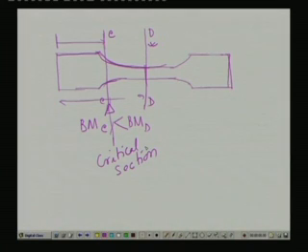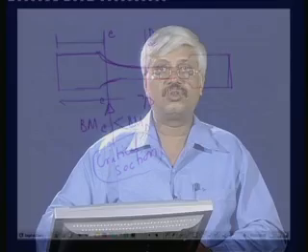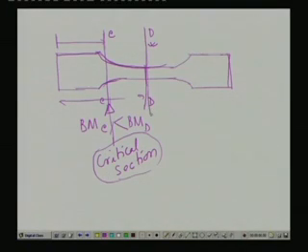Let us consider this to be the critical section with the logic we have just discussed and carry on our design. However, one should also look for other sections which could be critical, such as the section D as I have shown in the slide.